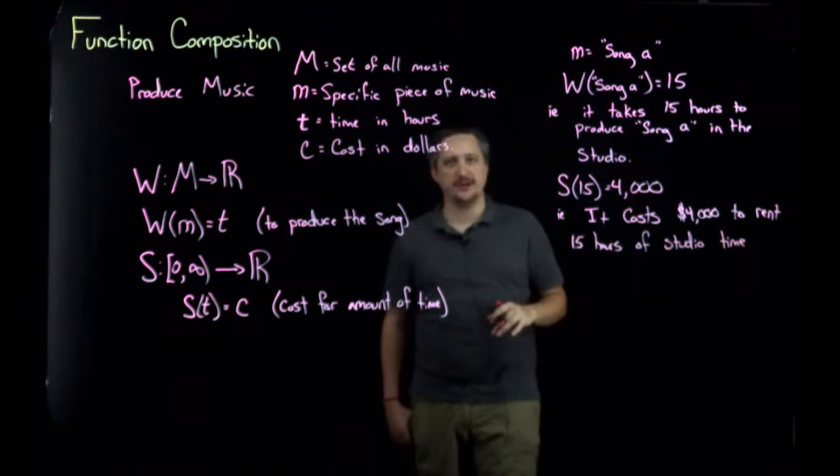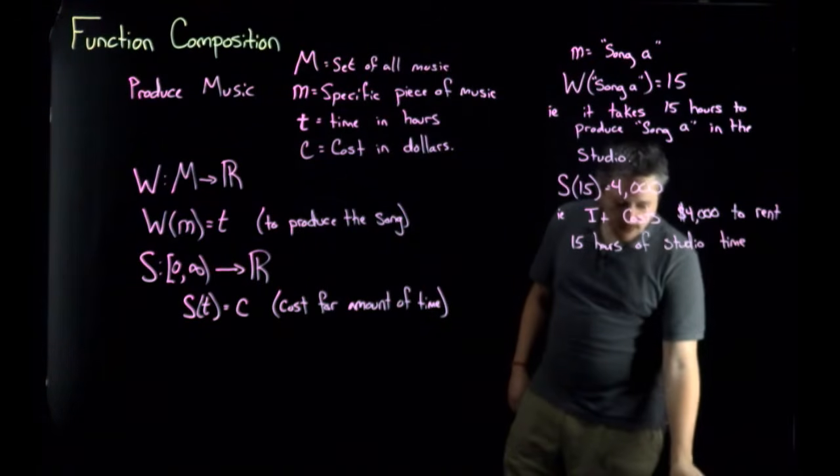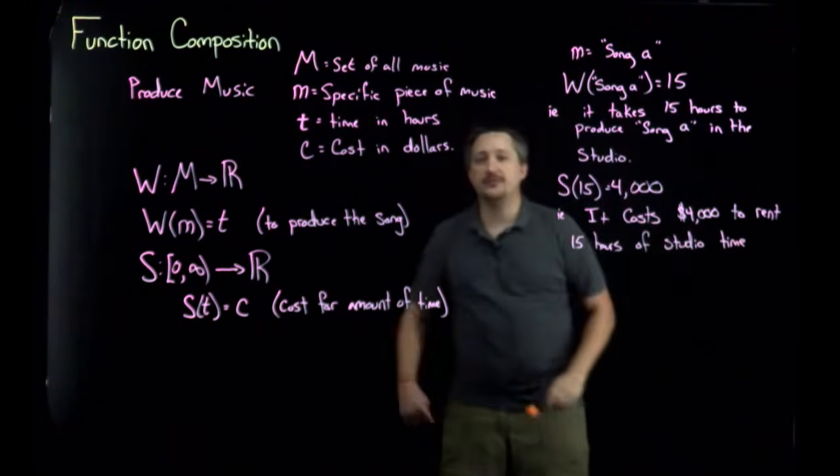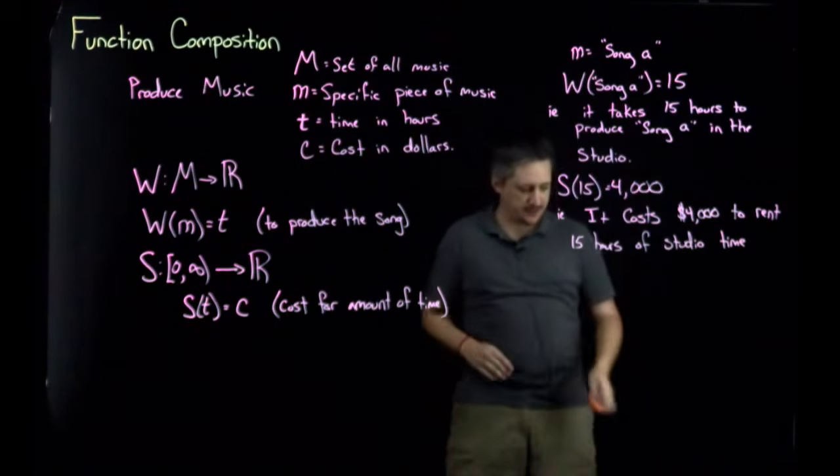Again, making these numbers up entirely off the top of my head. Now, I realize I talked about composition and it doesn't seem like any of that's happening. Bear with me, it'll happen.